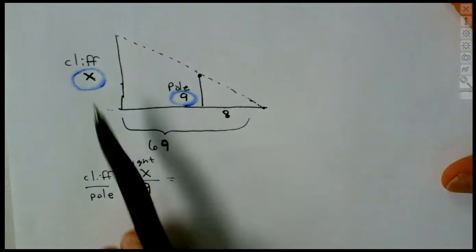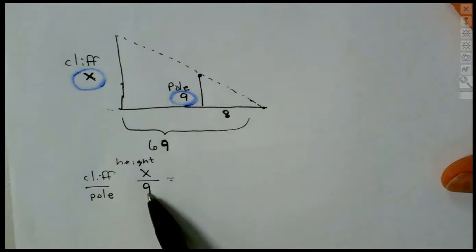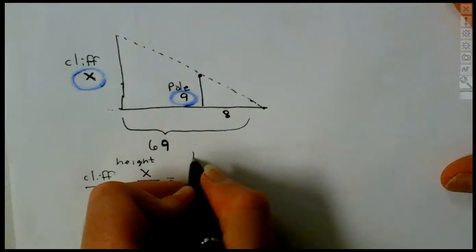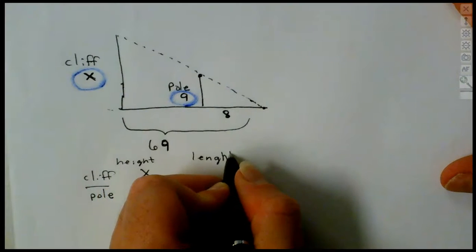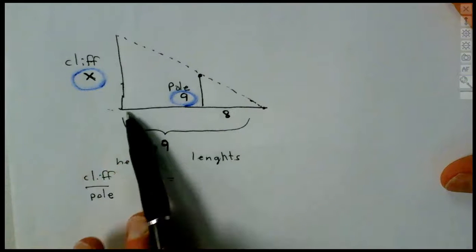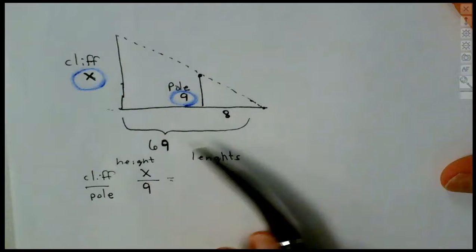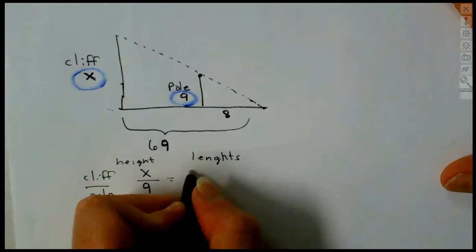So the height of the cliff is unknown. The height of the pole is 9. Now, what do we know about the lengths? Well, the length of this shadow, when we look at the cliff, this cliff has a shadow that is 69 feet long.